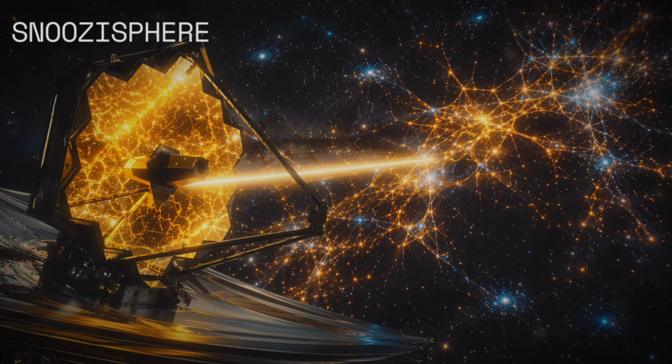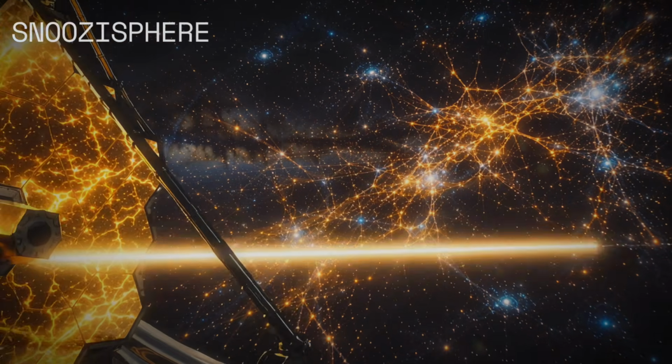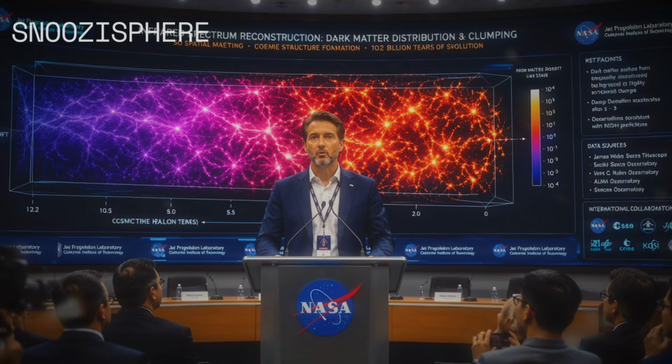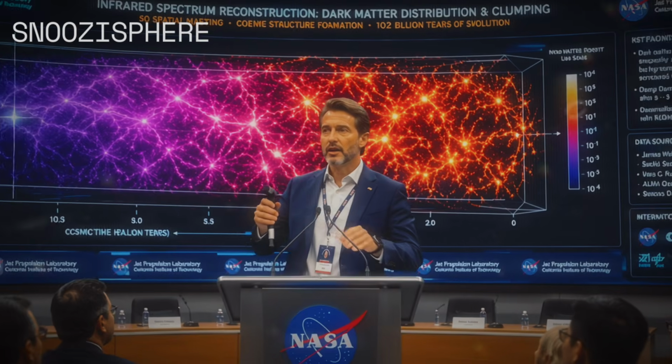This cycle is the fundamental mechanism of chemical evolution, turning the simple hydrogen and helium born in the first minutes of the universe into the complex chemistry that allows for life to emerge.